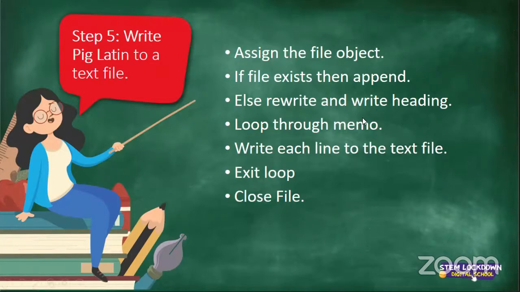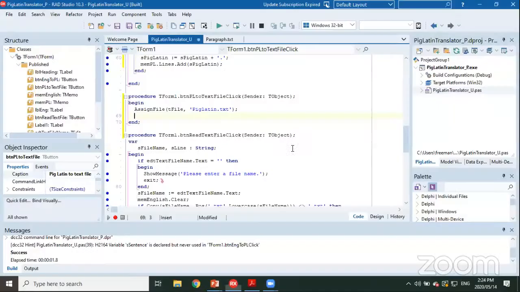We're going to loop through the memo, one line at a time, take the line from the memo and write it to the text file, which is that step over there, and then we want to exit the loop and then also close the file at the end. Right, so I've assigned my file. So now I've got to ask my question.